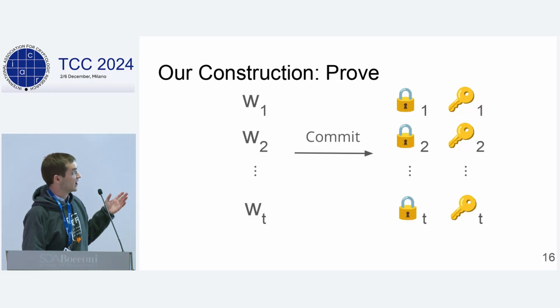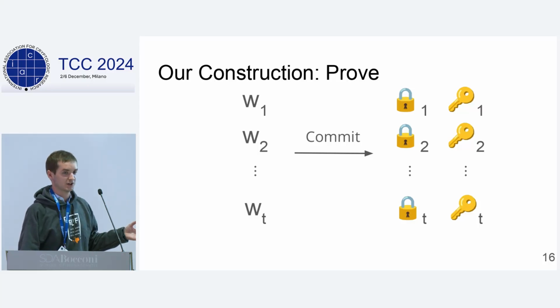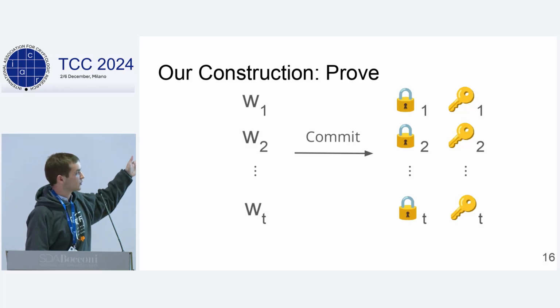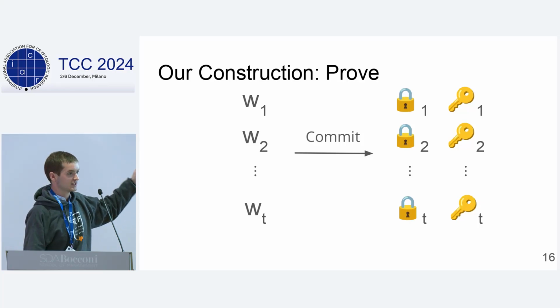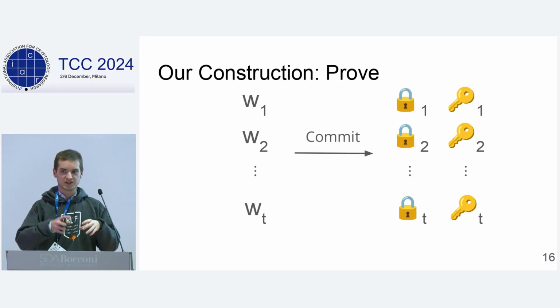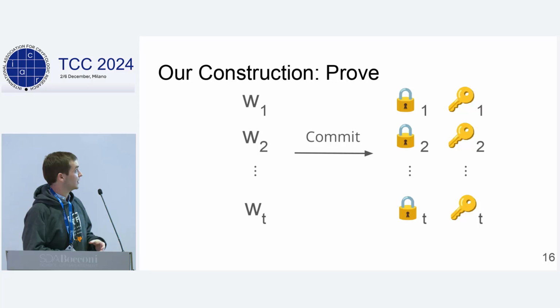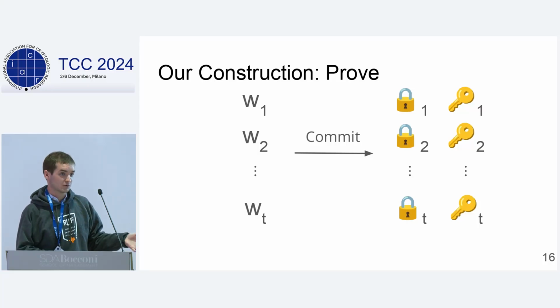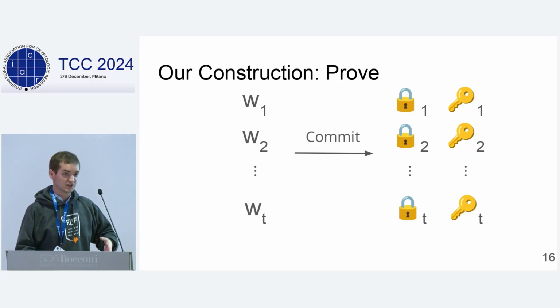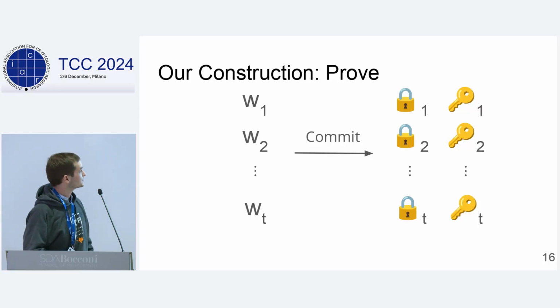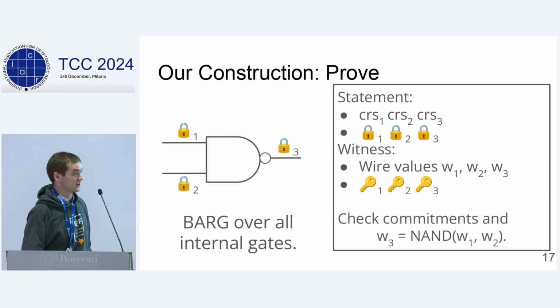So we can just check that the PRG is consistently evaluated. So from the bit commitments to the wire values and the BARG proofs that each gate is correctly evaluated, together we can conclude that this PRG is consistently evaluated, using the properties of bit commitment statistical binding and BARG soundness. And then together with the openings for the revealed output bits, we know that it's consistently evaluated to these revealed output bits. So that satisfies binding.